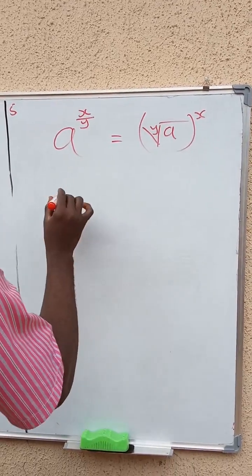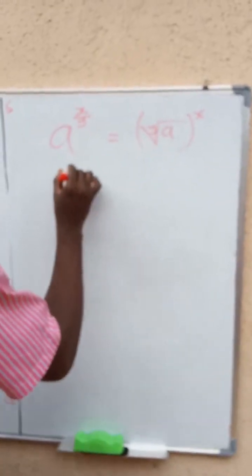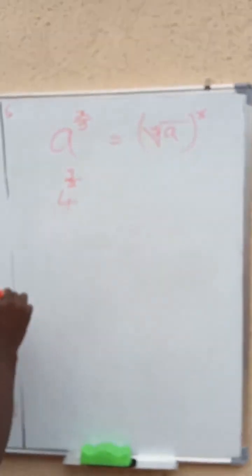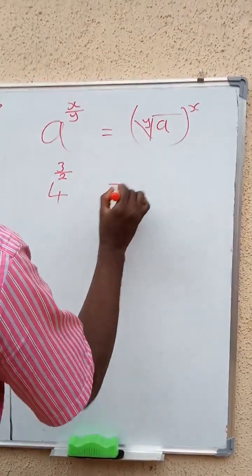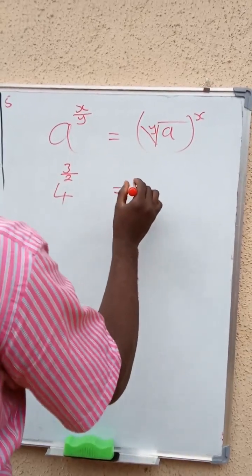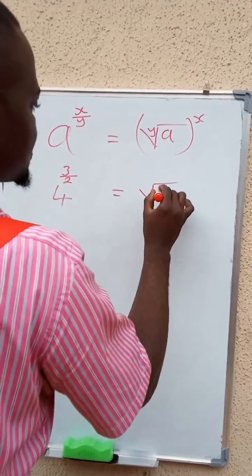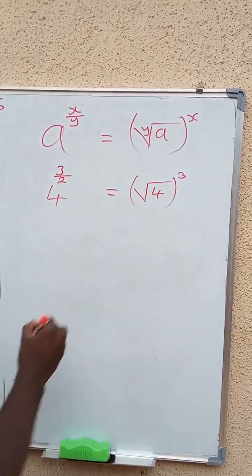Now, for example, if I have 4 raised to the power of 3 over 2, and I have it in this form, this is the square root of 4 raised to the power of 3.